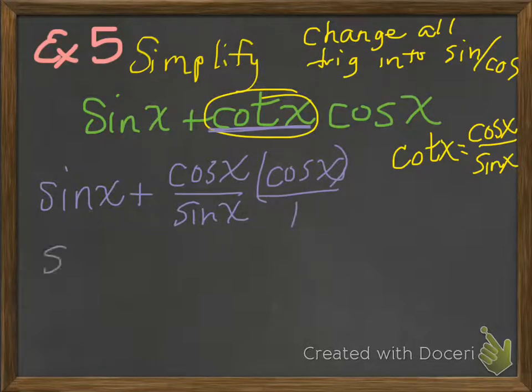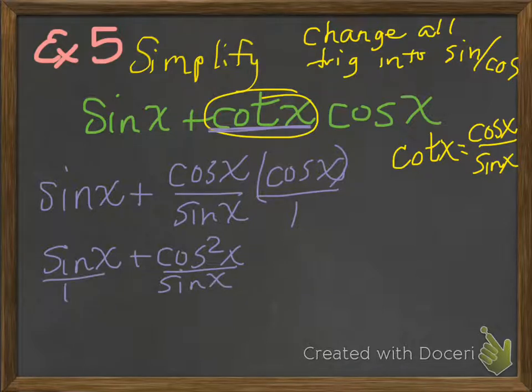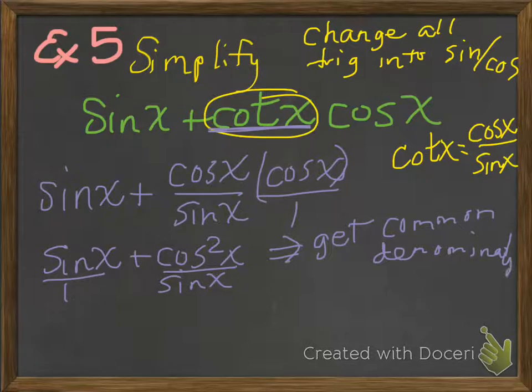So really I have sine x plus cosine squared x over sine x, but this is over 1 and this is over sine x, so I'm going to get common denominators. Okay, which is sine x. So I'm going to multiply this by sine x and this by sine x, and that will give me a common denominator.